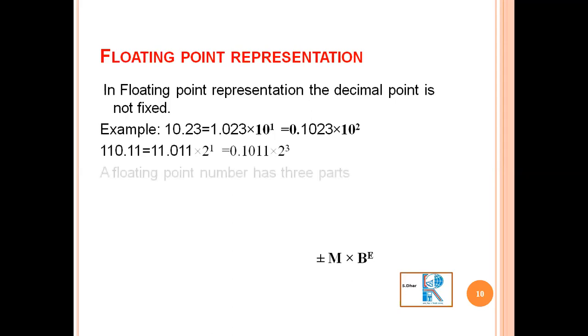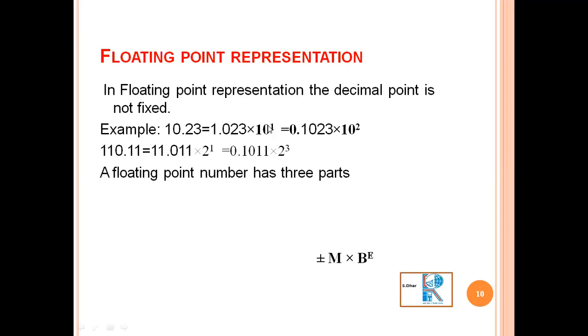Now, what is the example? See the example I have given here. The first example: 10.23. This number is a fixed point representation. From the representation, you can see this is a fixed point representation. But here, equal to, this is called the floating point representation. This number is a decimal number.